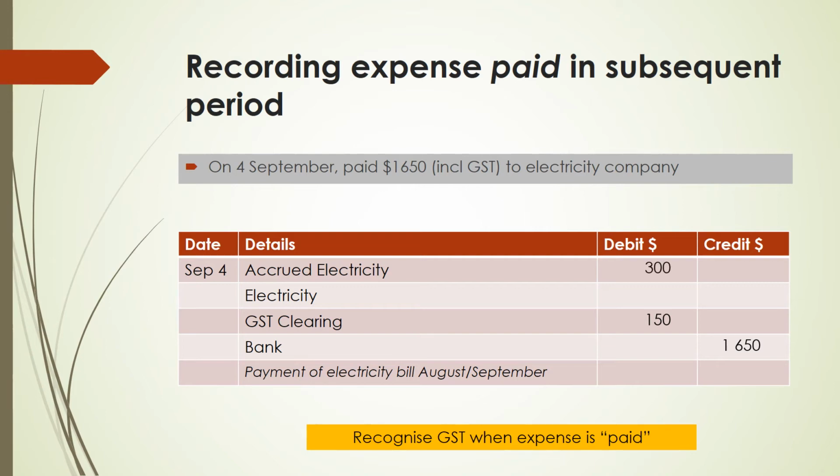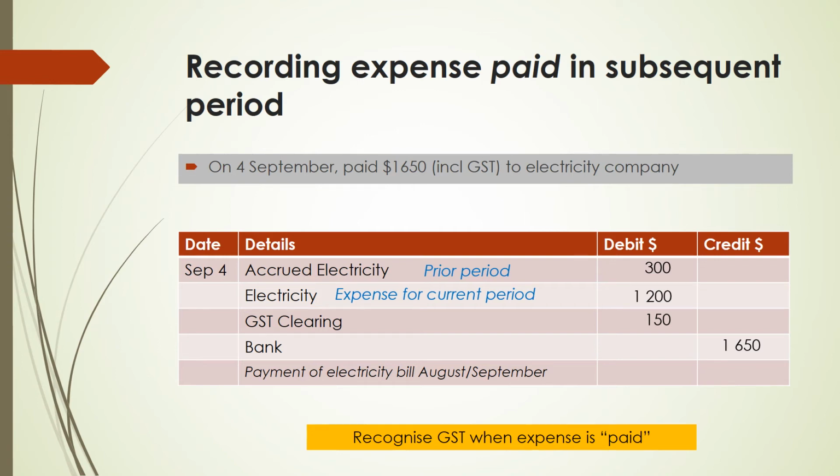So because we have already accrued electricity for the $300 that was incurred in the prior period, therefore we debit the accrued electricity account for $300. The remainder of $1,200 relates to electricity expense for this current period. Therefore, we are debiting the electricity expense account for the amount of $1,200. So here we need to take note that we are recognizing the GST when it is paid on the 4th of September.